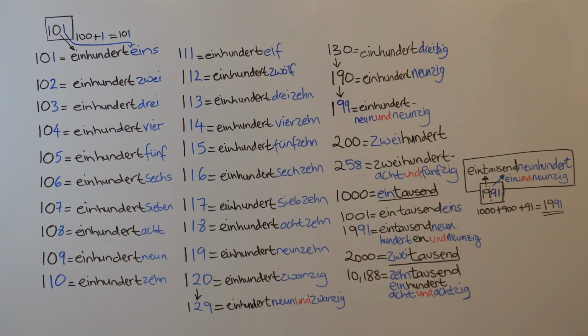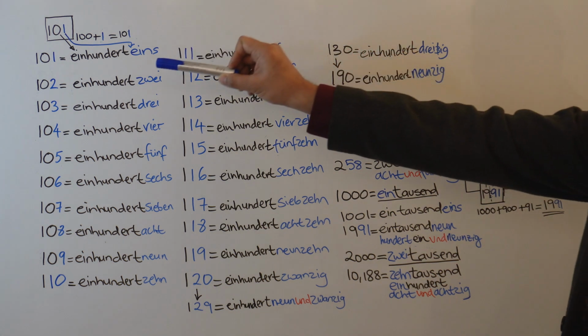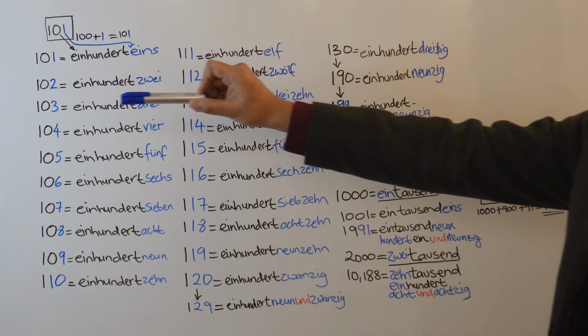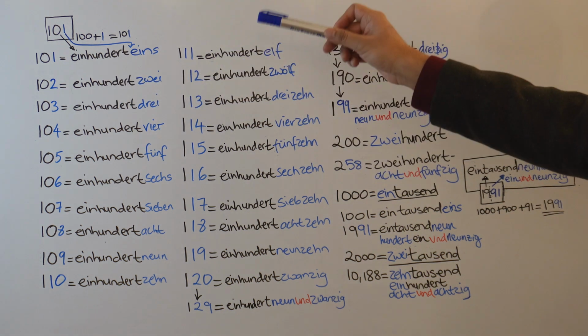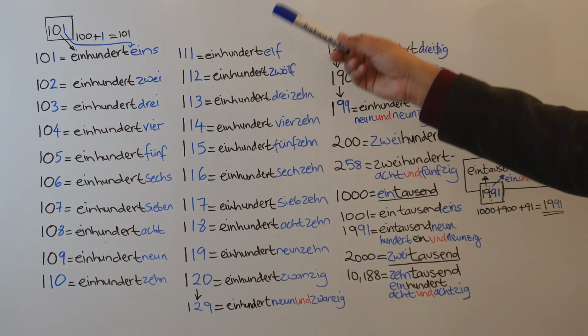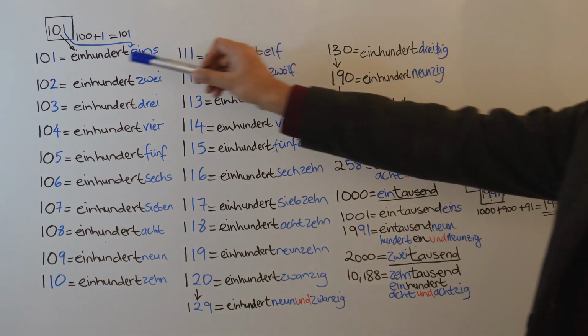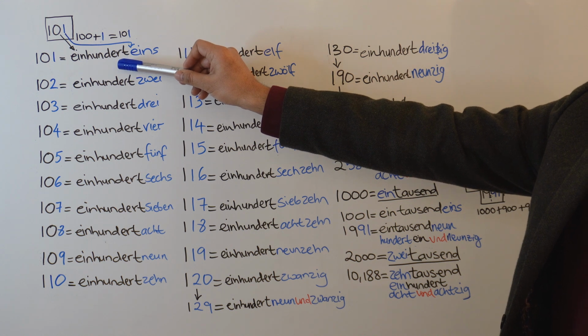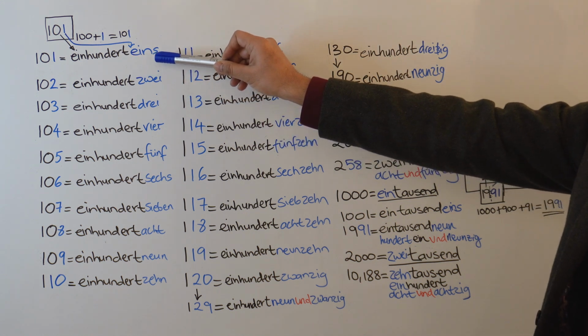So now we move to the numbers exceeding 100. As you can see, we call this in English 101. When you translate into German, it will be the same translation, the same structure. 1 is ein, 100 is hundert, and 1 is once again eins.